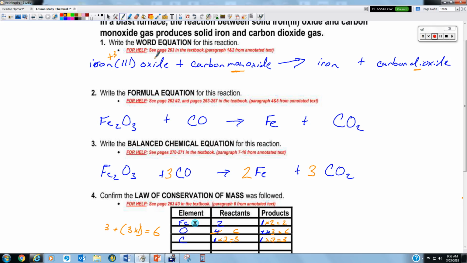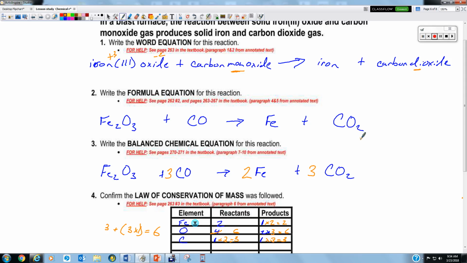Oxygen always has a -2. So when we crisscross it, we get Fe2O3. This is where one of the common mistakes is made in this problem. And then moving over, we have carbon monoxide, so it's just going to be CO, yields to form iron plus carbon dioxide, so CO2.